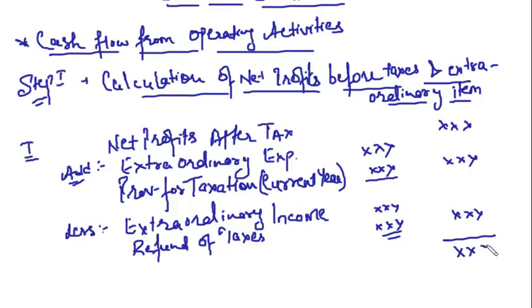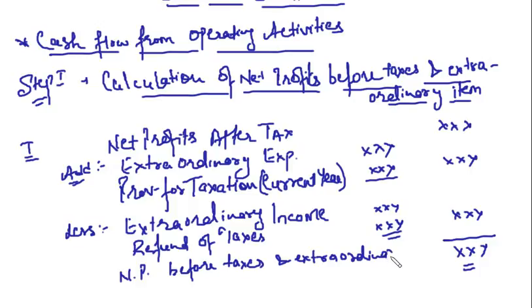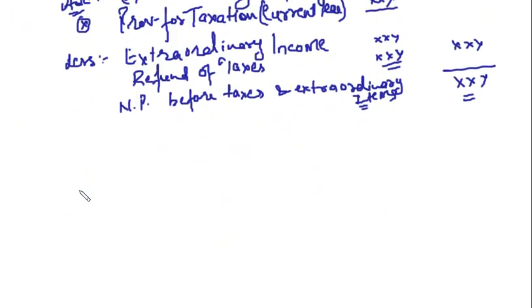So whatever we get is net profit before taxes and extraordinary items. Clear? This was case 1, and in this, case 2 is also covered, when net profits before taxes are given. In that case you will not take provision for taxation. That's it.